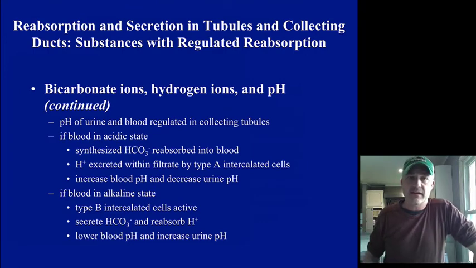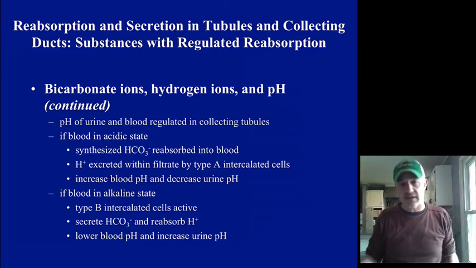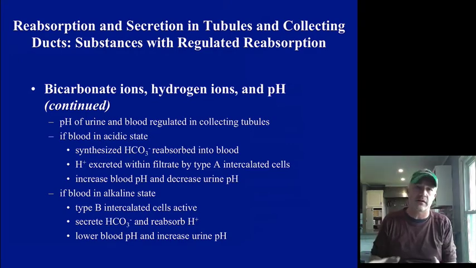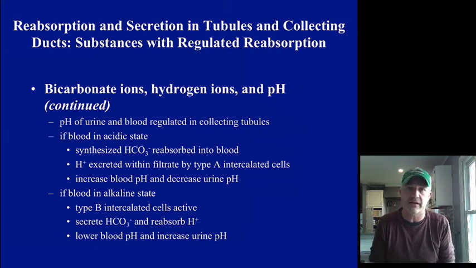One of the things we can see here with the secretion is that, depending on the blood pH, the kidneys are one of our physiologic regulators of blood pH, along with the respiratory system. So the pH of the urine and blood is regulated by either secretion or reabsorption of some of these things.